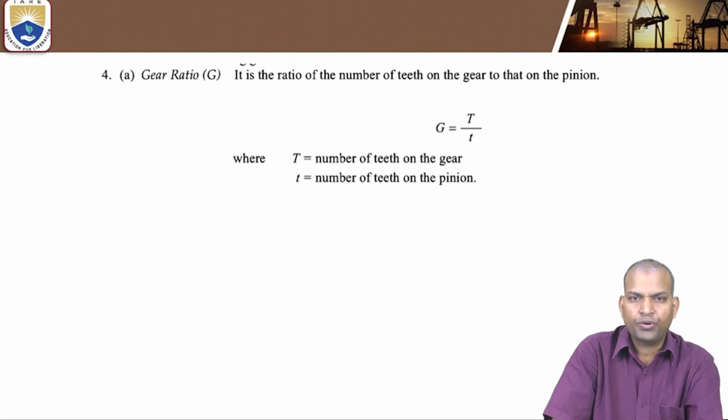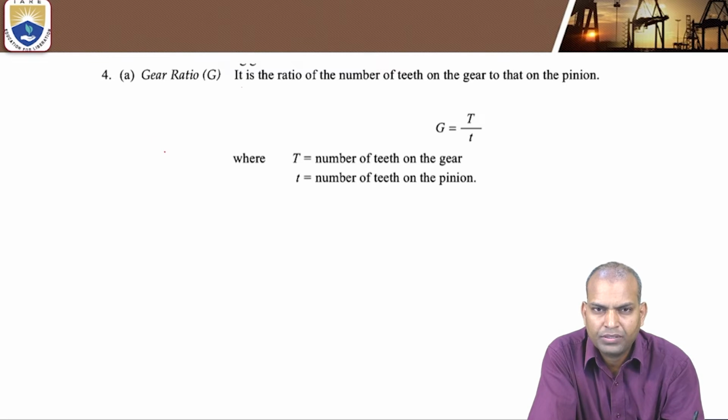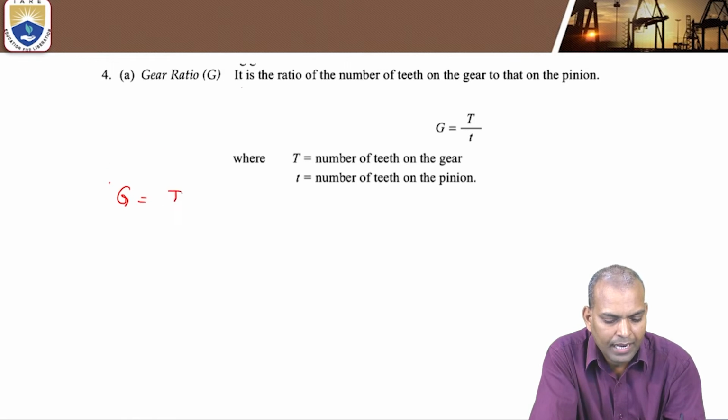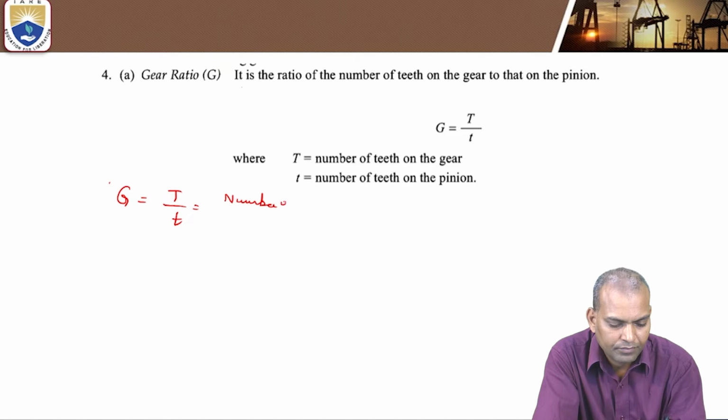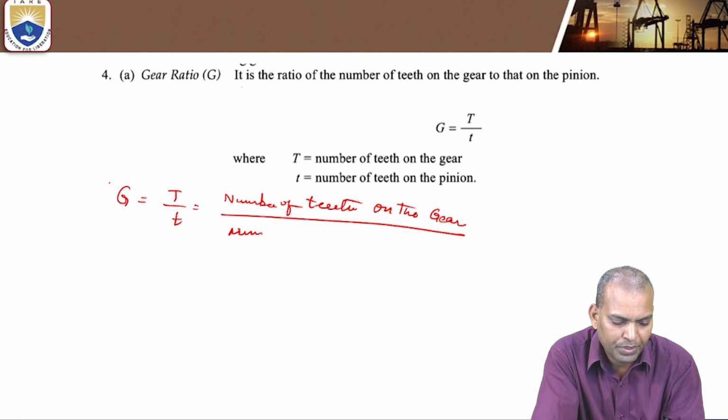What is gear ratio? The gear ratio is denoted by capital letter G, capital T by small t: the number of teeth on the gear to the number of teeth on the pinion.